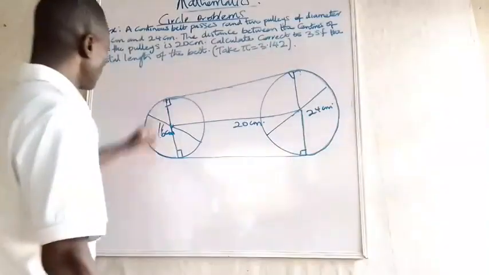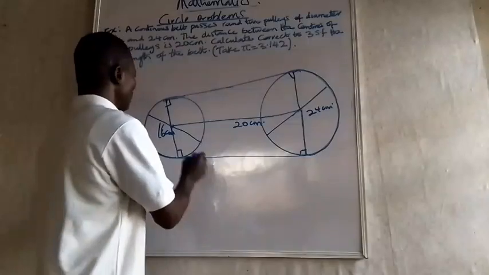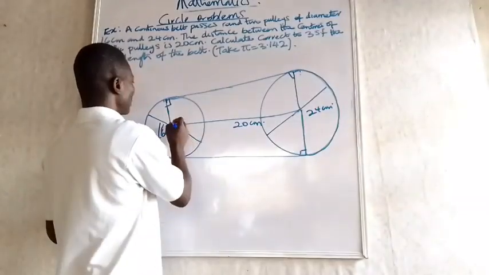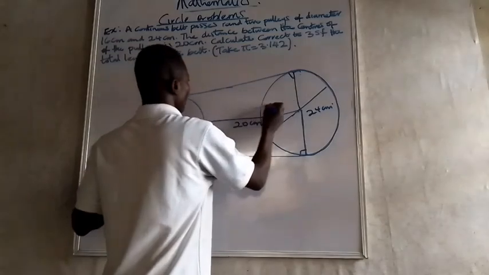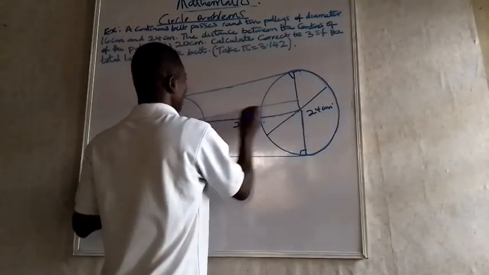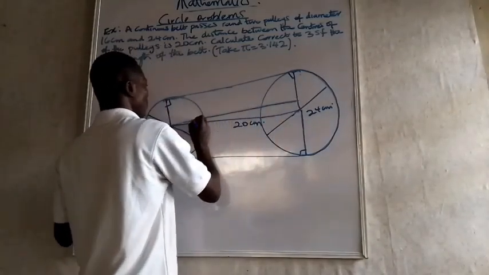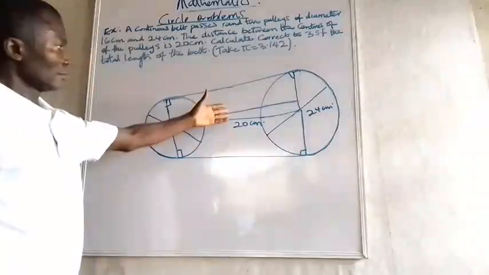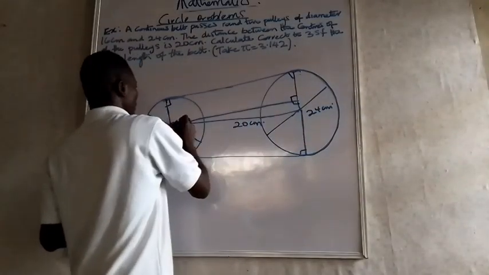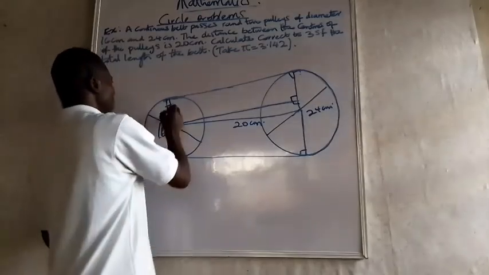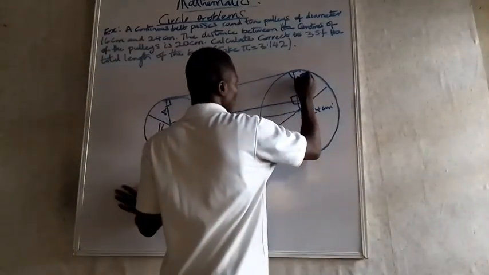Now, for us to get this, we can draw a parallel to this, just like the one we did the other time. And here. And this base is 8, and this base is 12.